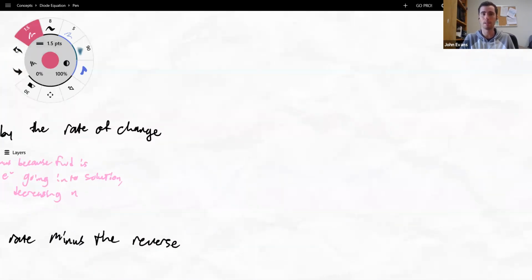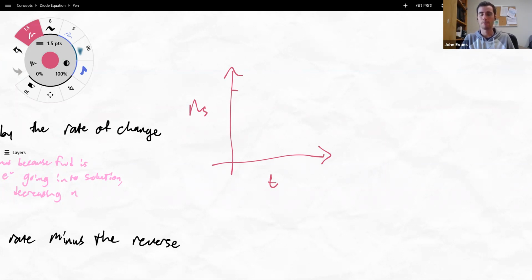If we imagine a plot of N at the surface versus time, if that's not changing, our reaction rate should be 0, right? And thus, the rate of reaction is 0.